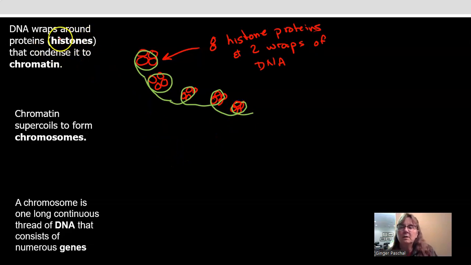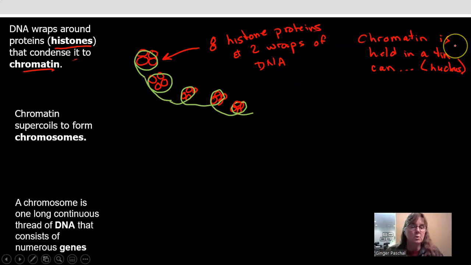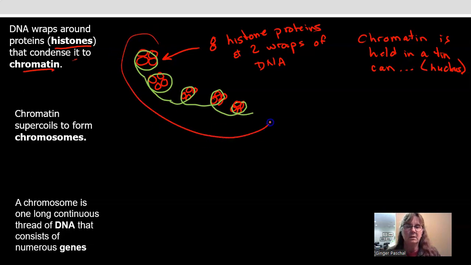DNA wraps around proteins called histones, and they condense into chromatin. The silly association I give with that is that chromatin is held in a tin can. That tin can is the nucleus, because chromatin is loose. It looks very much like loose threads, just like you see here in this area.